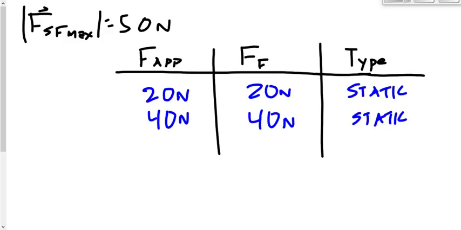I push 40 to the right. It pushes 40 to the left. No net force. Doesn't move anywhere. What about a force of 50 newtons? Remember, it can push as high as 50. Does it move? Nope. Therefore, it's static friction.